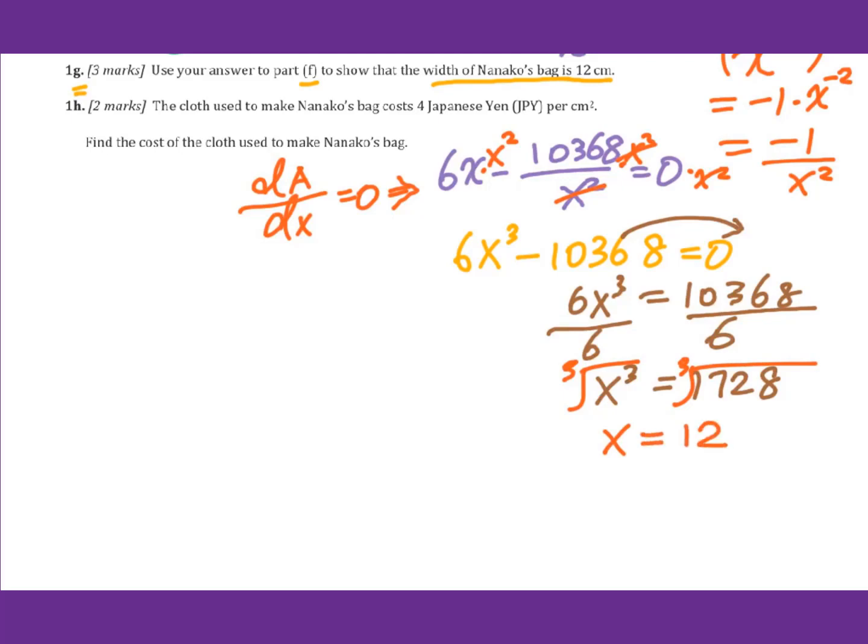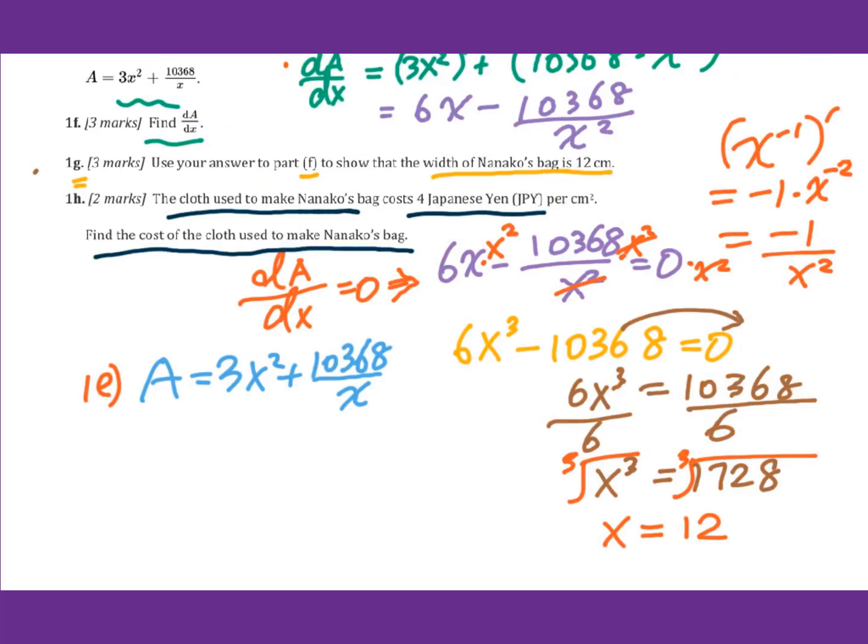Look at 1H. The cloth used to make the bag costs 4 Japanese yuan per centimeter square. Find the cost of cloth used to make the bag. From 1E, we know this is the area of the cloth. When x equals 12, we plug in.